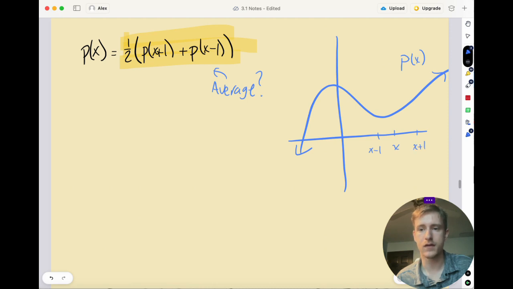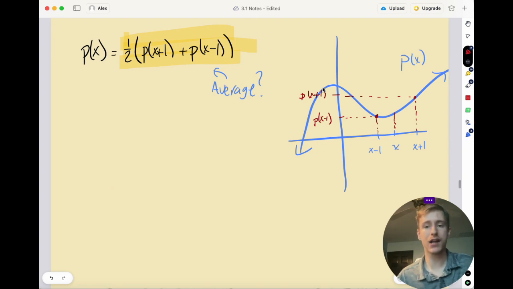And we'll let this be X plus 1. The idea is when you plug all those into the function, this value right here should be P of X minus 1, this value all the way up here should be P of X plus 1, and this is P of X. But what we're saying is that P of X should actually just be the average of this value and this value.